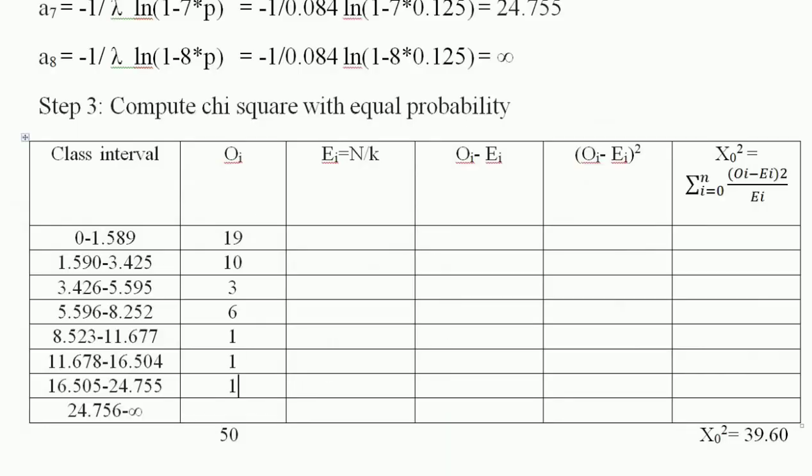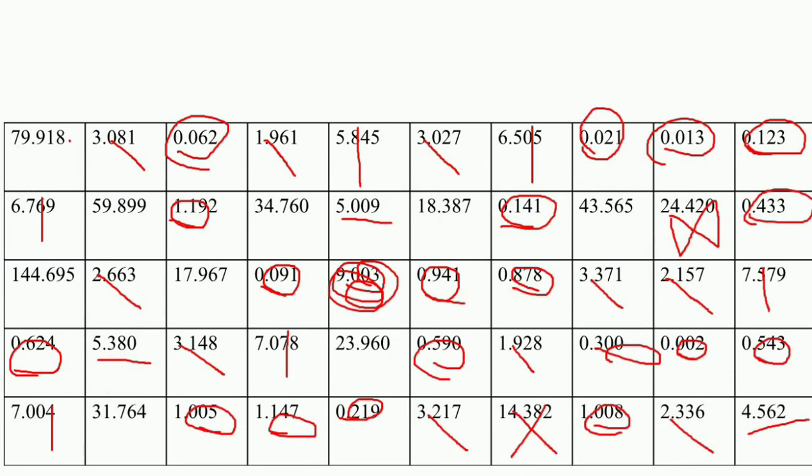This is the only value I have in this interval. And in the next interval, that is from 24 to infinity, whatever remaining values we have, let me count all the values. So 1, 2, 3, 4, 5, 6.